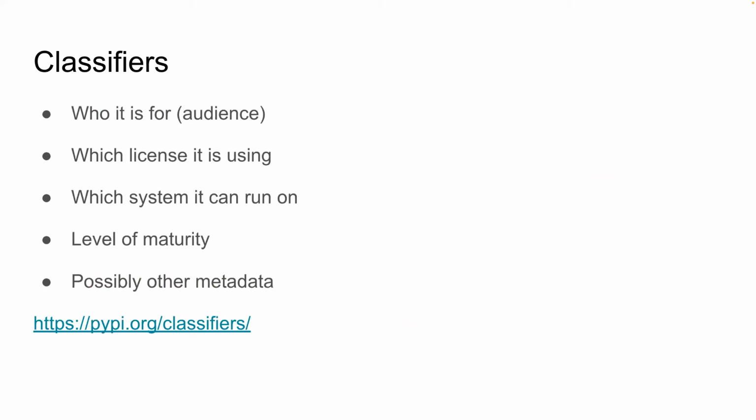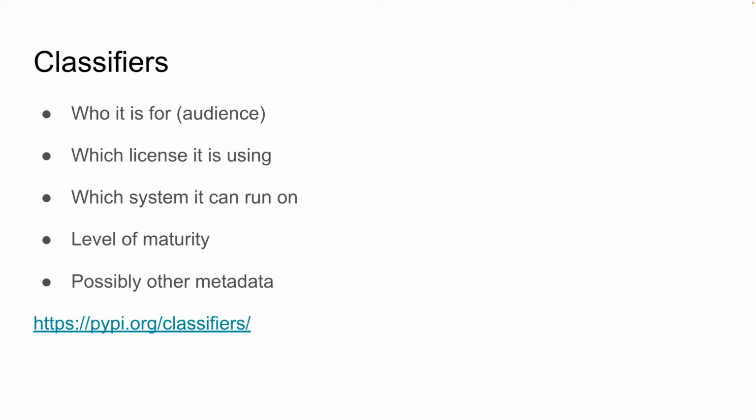So classifiers: first of all, you want to know who the package is for. Then you want to know which license it's using. Sometimes it is limited to certain operating systems that it can run on. Level of maturity.